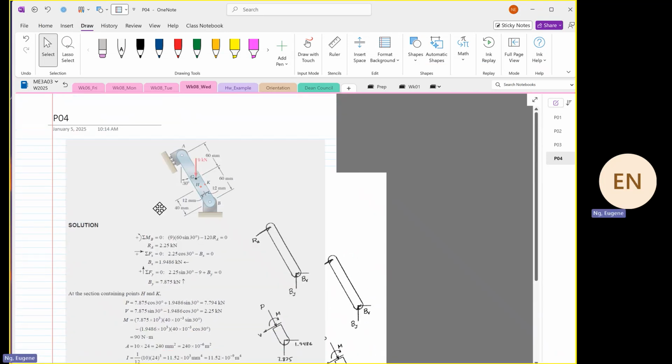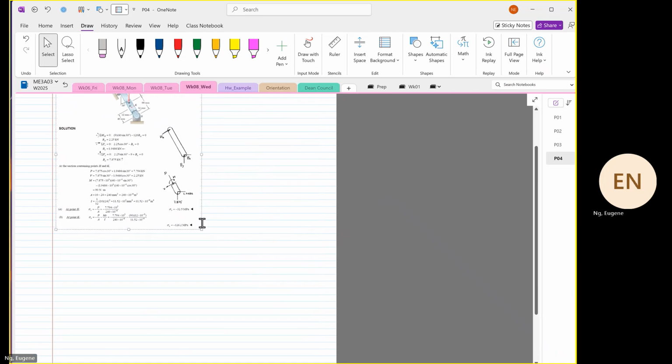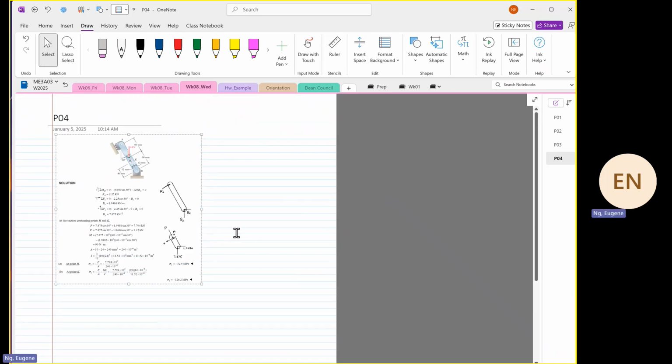So the way they address this question over here, the solution equation on 3D Mohr circle is they envision how the Mohr circle looks like.